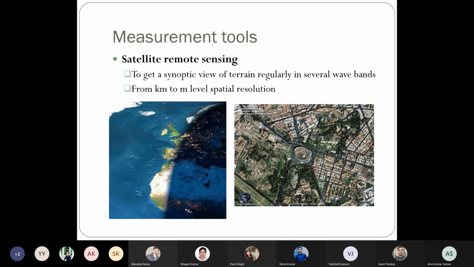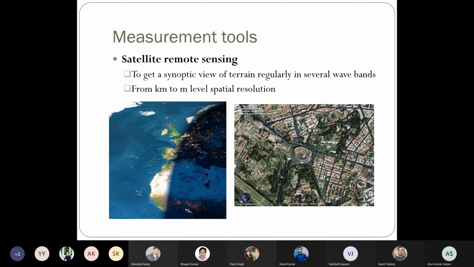So to get a synoptic view of terrain regularly in several wave bands, the most feasible technique is satellite remote sensing, by which we can get a spatial resolution from kilometers to meters. It again depends on which spectral band you are using and for what purpose you want to use that image. Let's say your objective is very precise measurement of information, like if you want to detect building boundaries.